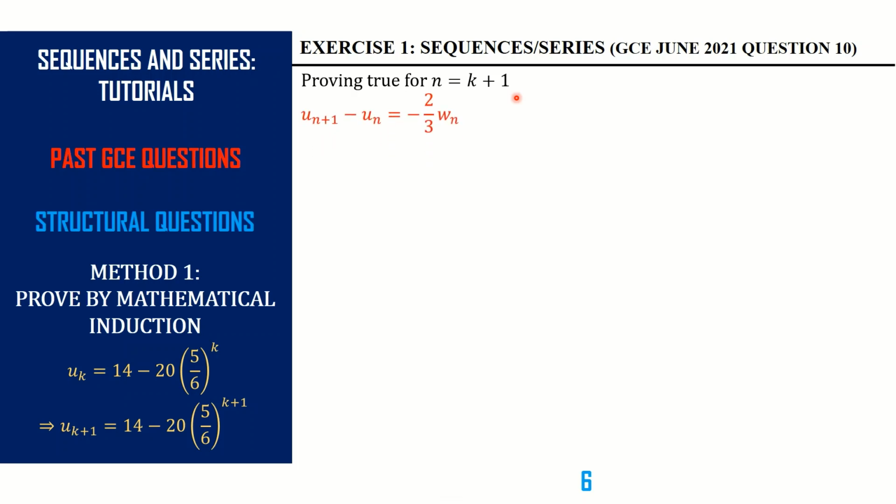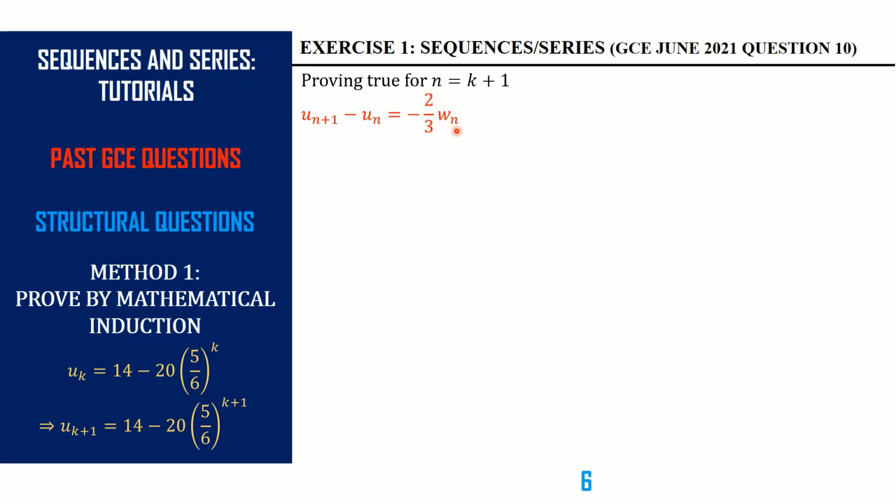Alright, so to prove this, we need to look for u of k plus 1. So we begin with what we had initially: u of n plus 1 minus u of n is negative 2 over 3 times w of n.